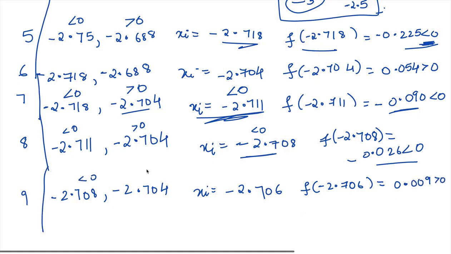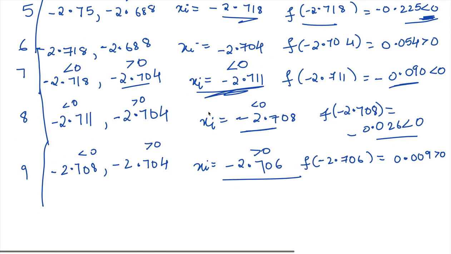So this value will for sure be included in our next interval. Along with this, we will take something which is giving us less than 0, which is minus 2.708. So the interval is minus 2.708, minus 2.706, and now our root should lie between these two.